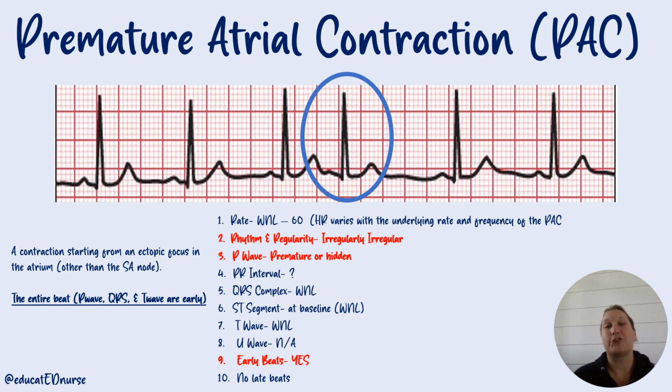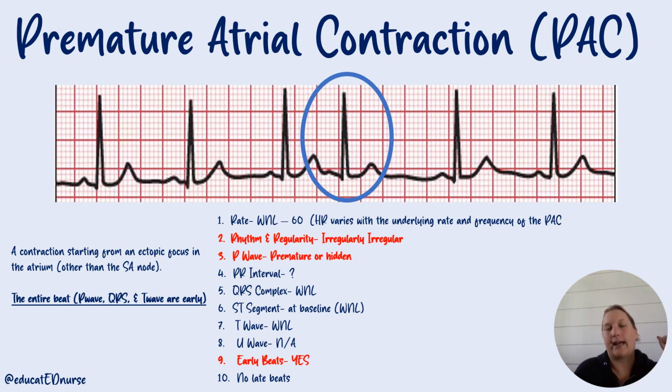So when you have a premature atrial contraction, you're going to have an entire beat. And when I say an entire beat, I mean the P wave, the QRS, and the T wave. The whole complex is all going to come early. And it's coming early because there's some other irritable site somewhere up in the atria that's saying, I want to fire, I want to fire.